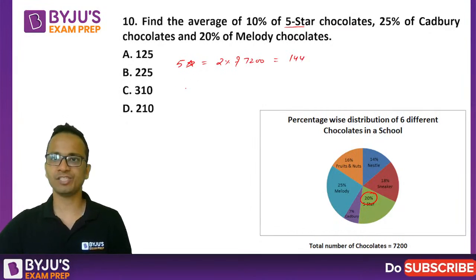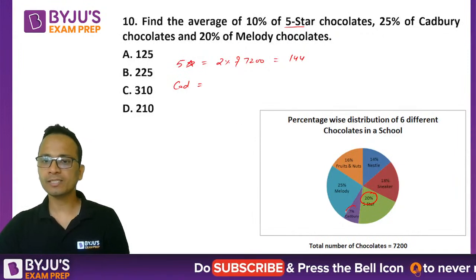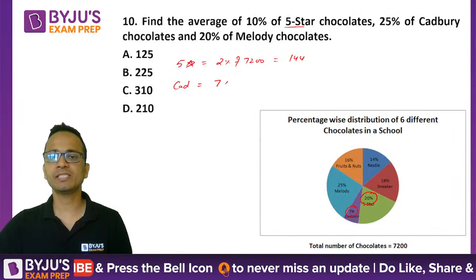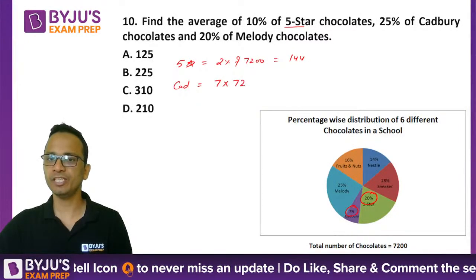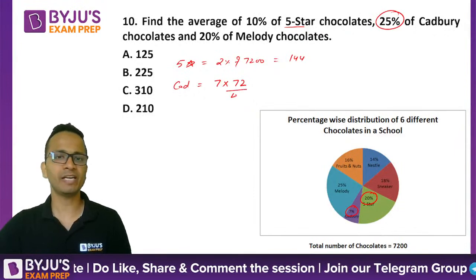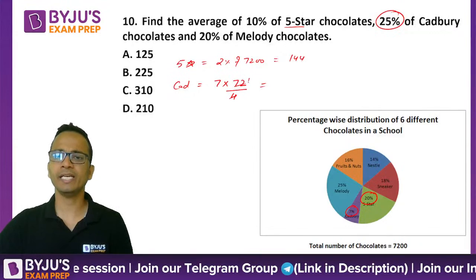So 144 5-star. Now Cadbury. Cadbury total is 7%. So 7% of 7200 will be 7 into 72 और इसका 25% चाहिए, सो divided by 4 कर देंगे. 72 divided by 4 कितना होता है 18.